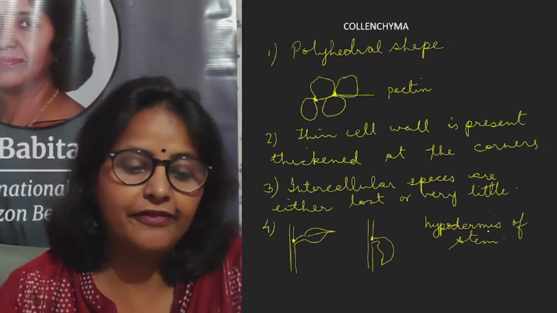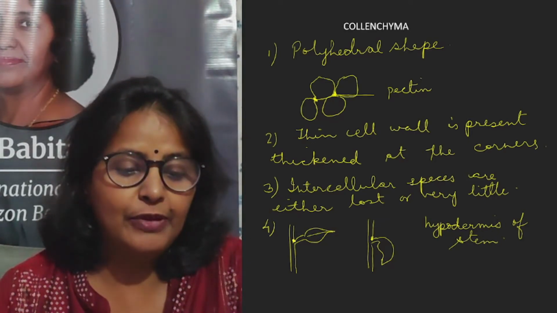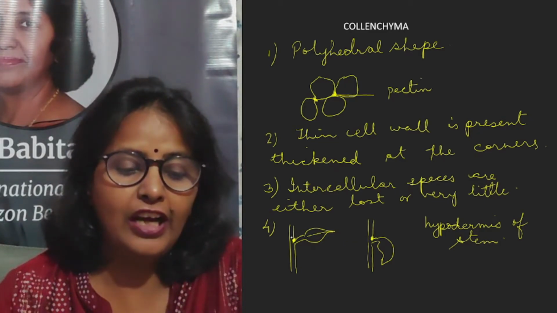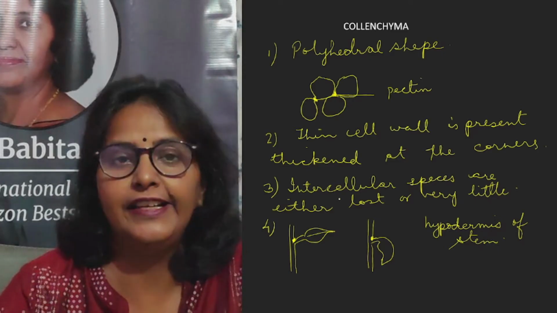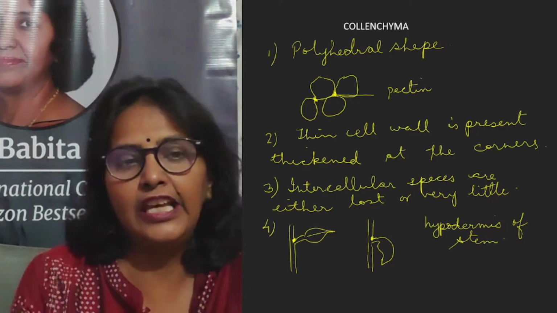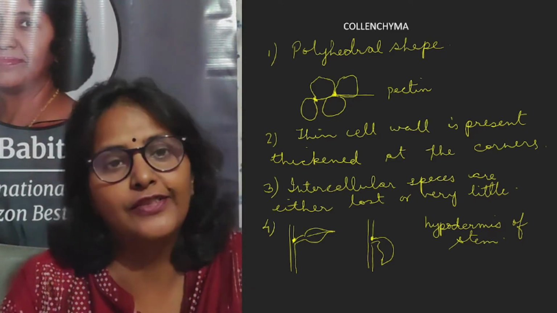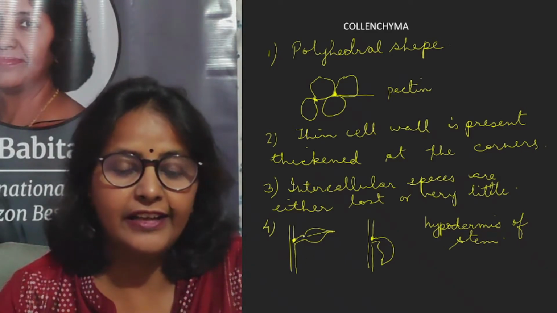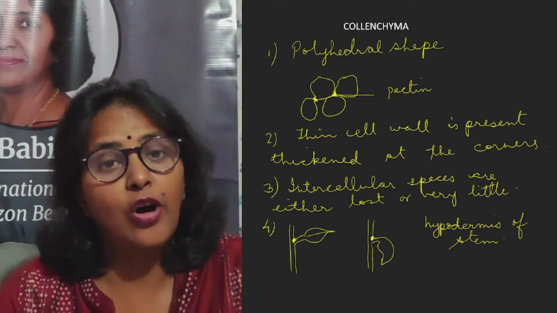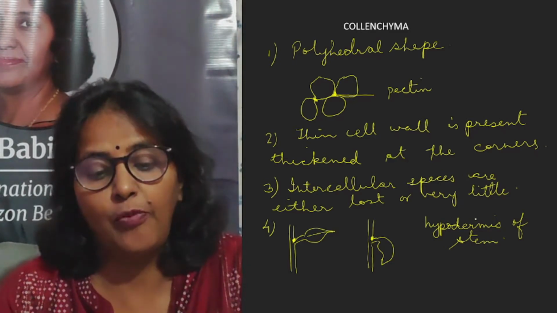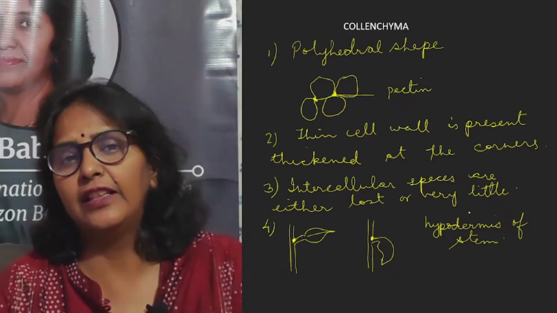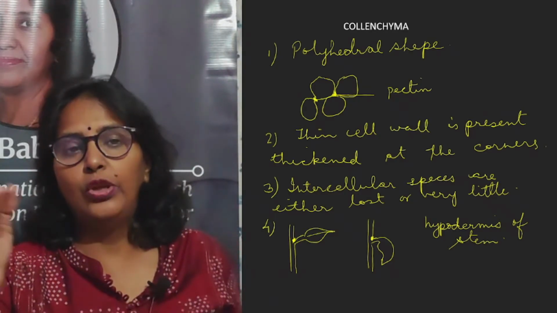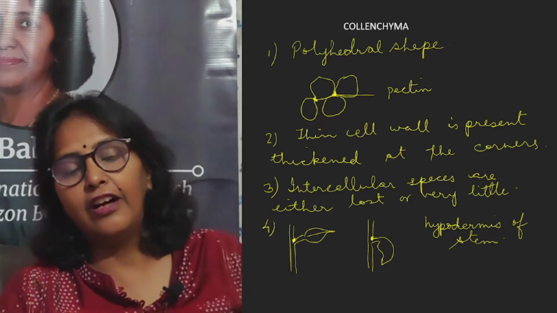What is the function? Because of this being present at this position, it does not allow the leaf to fall off very easily. Leaves continuously keep moving in a plant, but it does not fall off because of the presence of this collenchyma at its tip. Or similarly, raw fruits also do not fall off from a tree. Very thin green stems also have collenchyma, so they also do not fall off when wind blows.